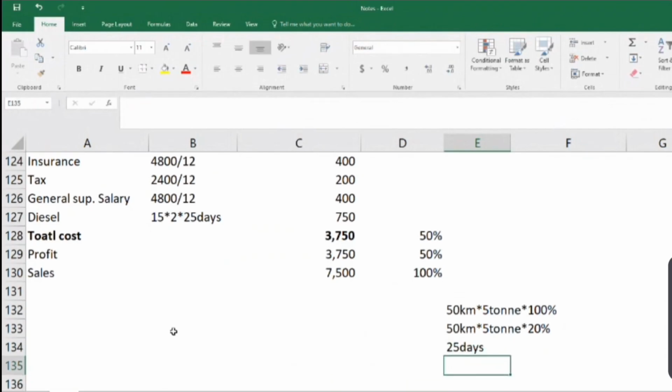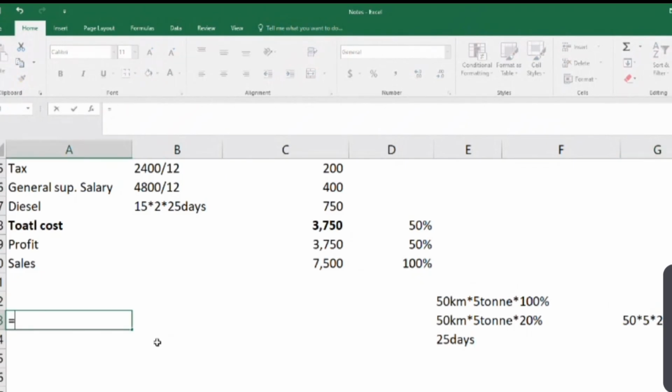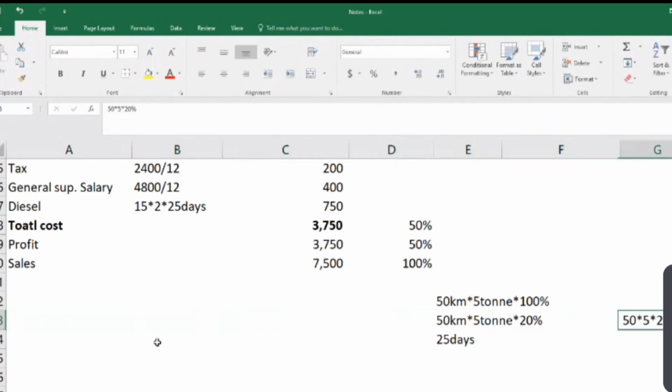So how will you calculate? When you substitute, 50 into 5 into 100 percentage equals 250, plus 50 into 5 into 20 percentage, equal to 50.